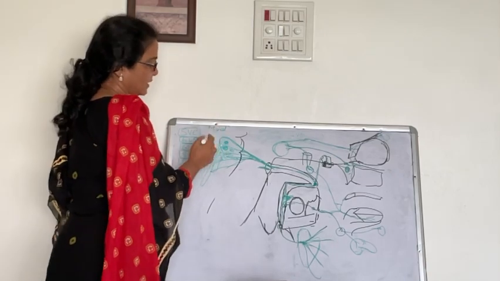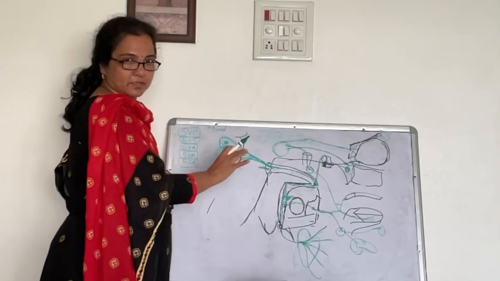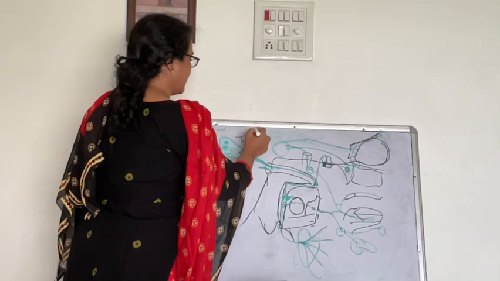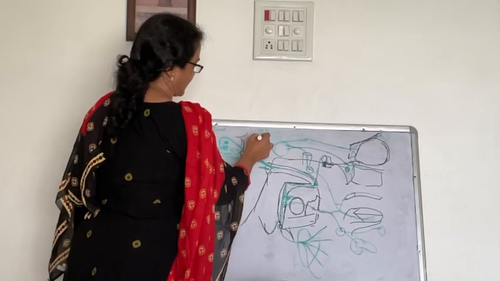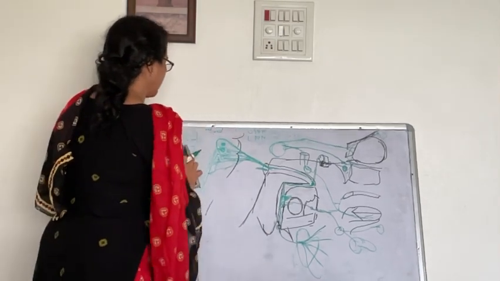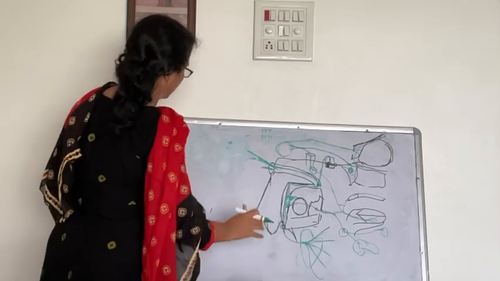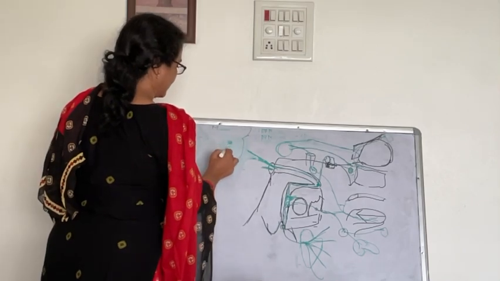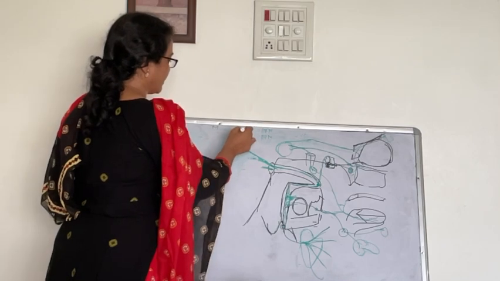This facial nerve has a long course, so it may be injured at any place. There are two types of injury of the facial nerve: upper motor neuron and lower motor neuron. We have seen the nuclei present in the brainstem, and these nuclei are controlled by the fibers arising from the cortex, that is the corticonuclear fibers.